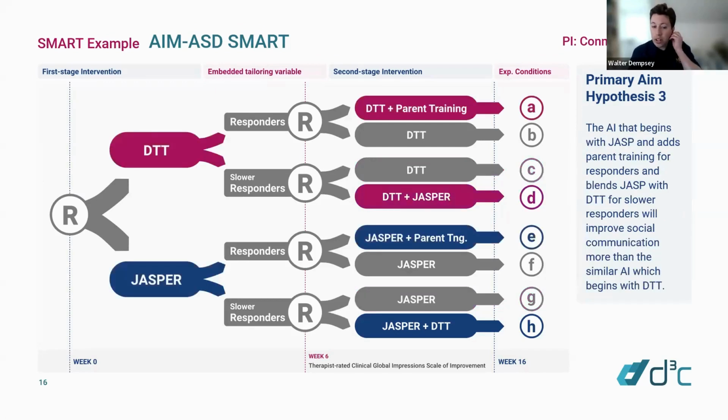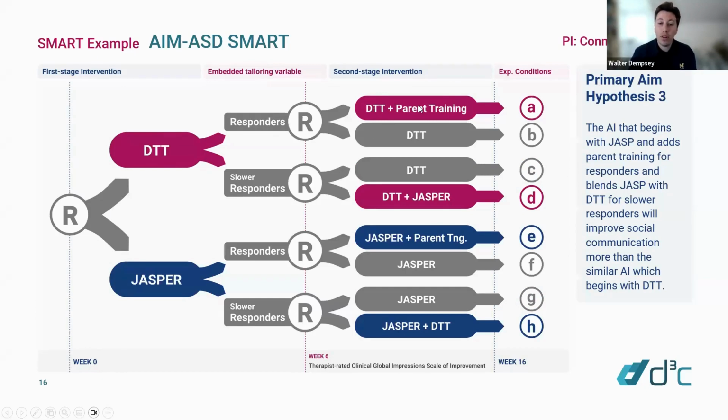And then the last question is about these embedded adaptive interventions. So just to point out, within a SMART, in this particular SMART, there are multiple embedded adaptive interventions. So an adaptive intervention, just reminding you, everyone, right? You had initial intervention, and then at 6 weeks, you had responders and non-responders, and you had to decide what to do. And so the sort of reddish colored one up here is one particular adaptive intervention where you start with DTT.